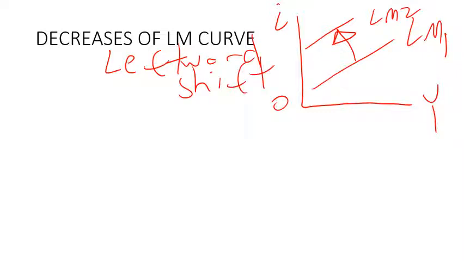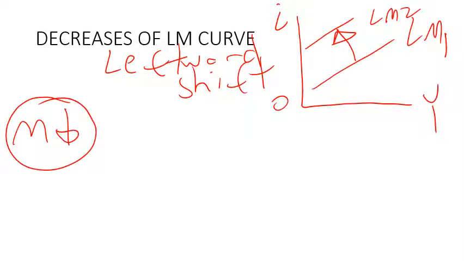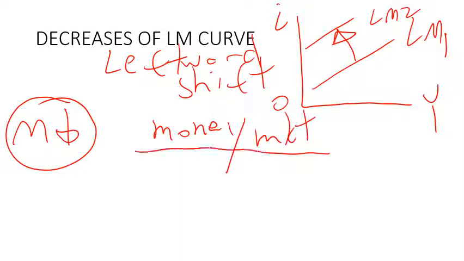So what would be the cause of this leftward shift, this decrease of the LM curve? It would be due to a decrease in the money supply. Where? Well, in the money market. So let's go to the money market. What would we see there?